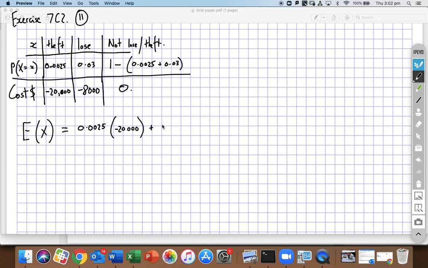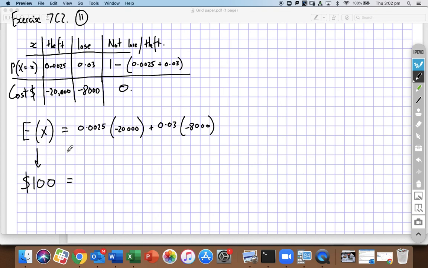And there's also a 3% chance that they're going to lose $8,000. And they're also going to have a fee so that they can get up to $100. Where this question's going is they want to be able to expect to make $100. But I'll forget about the fee for a minute. Let's just see what this potential cost to them is.